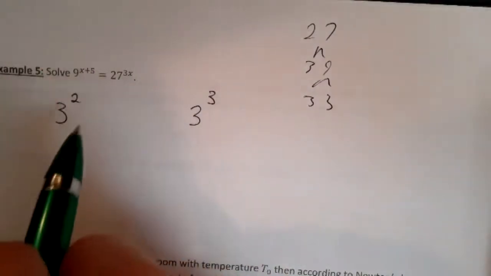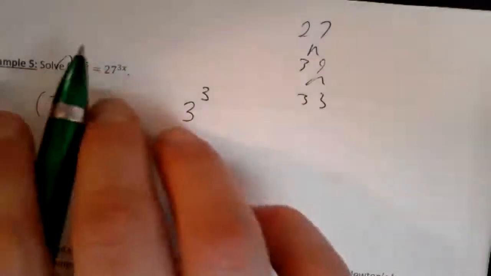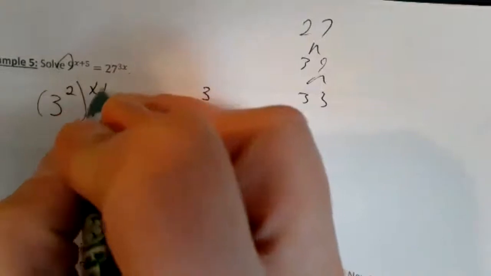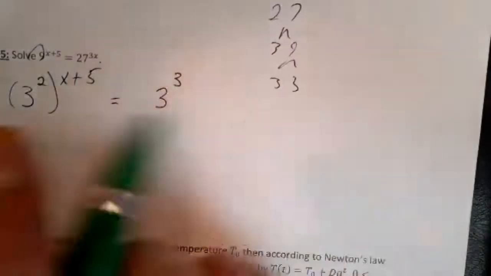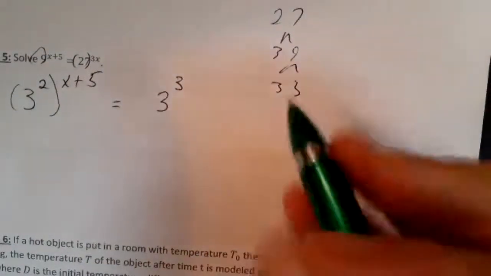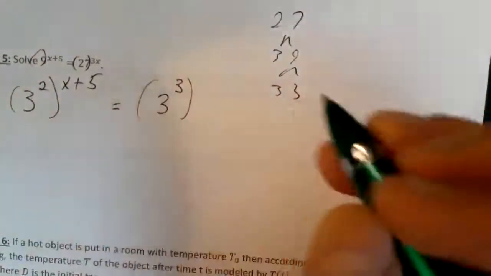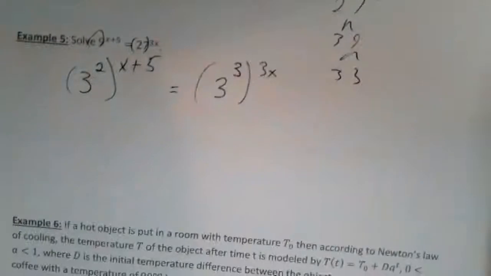So instead of 9, I want to write 3 squared, which still means I have an exponent of x plus 5. And this is equal to, instead of 27, I'm writing 3 cubed, and I still have an exponent of 3x.